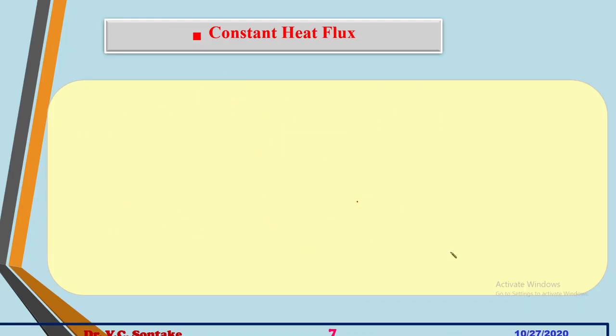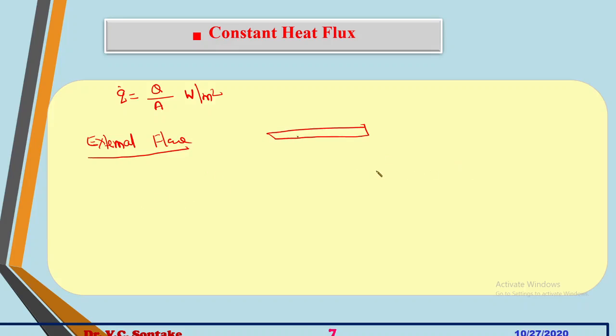Then comes the constant heat flux boundary condition. Now we know heat flux is nothing but heat transfer rate per unit area. So what do we mean by constant heat flux? Let us discuss with reference to external flow. Let us take the same case.